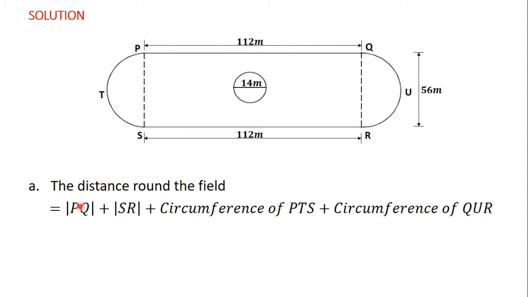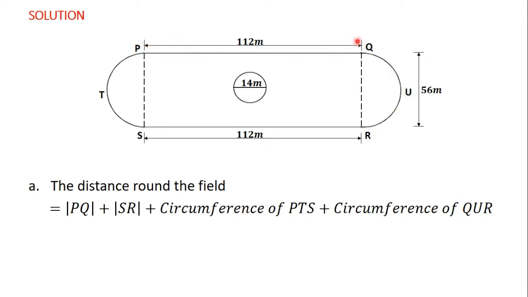From this diagram here, we can see that the distance around the field is equal to the length PQ plus the length SR plus circumference of PTS. So PTS is half of a circle, that is a semicircle. So circumference of this semicircle PTS plus circumference of this semicircle PUR.